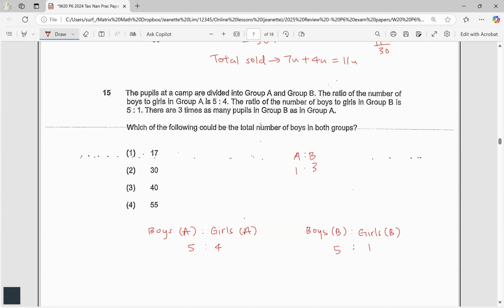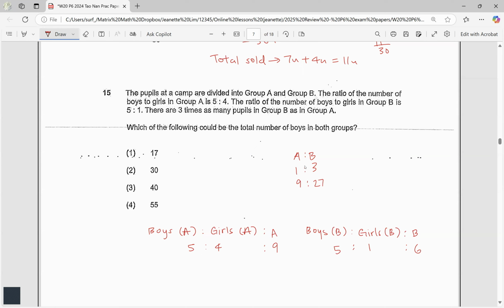So 1 to 3. This A is the total number of children in A. So I'm going to find the total in A here, but I'll just label it as A instead of total. Then for B, 5 plus 1 is 6. Now let's make the common base the same. Firstly, A is 1 unit here. This is 9, so I'll change this to a 9. So that times 9, this is 27.